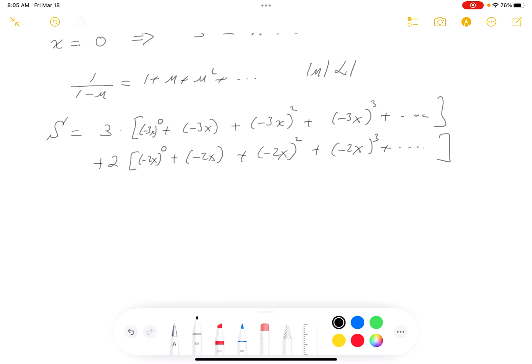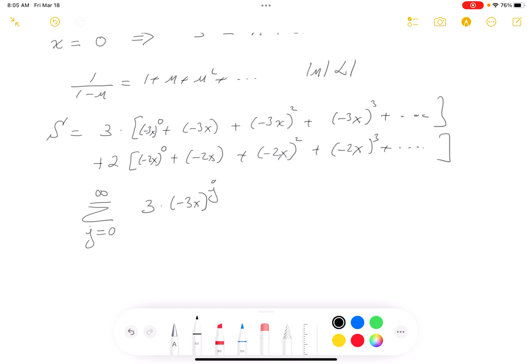All right, I'm going to write the sum down now for you. And the sum, let's write this over here. I'm going to start at 0. I'll say j is 0 to infinity. And it's going to be 3 times minus 3x to the j. We'll get the x later, by the way.